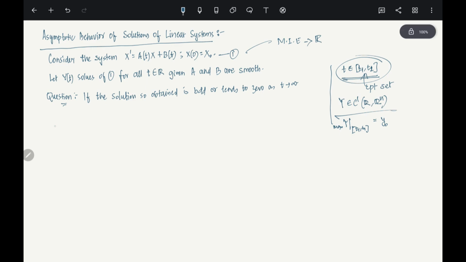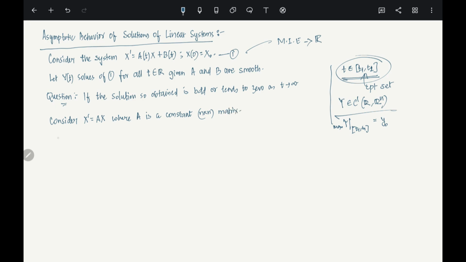Consider x prime equals A x, where A is a constant n cross n matrix.